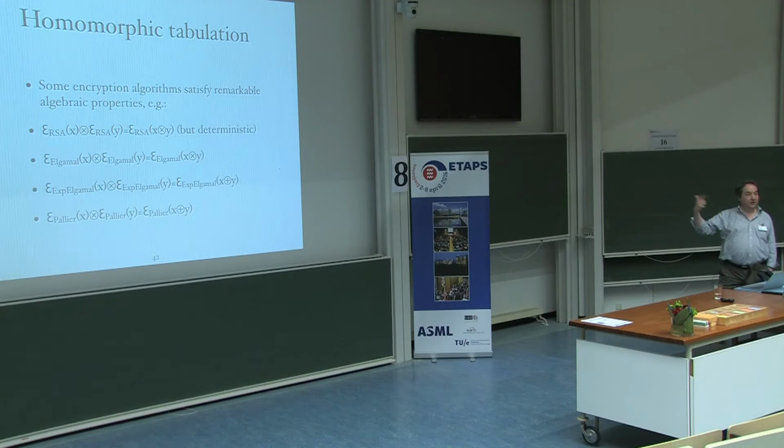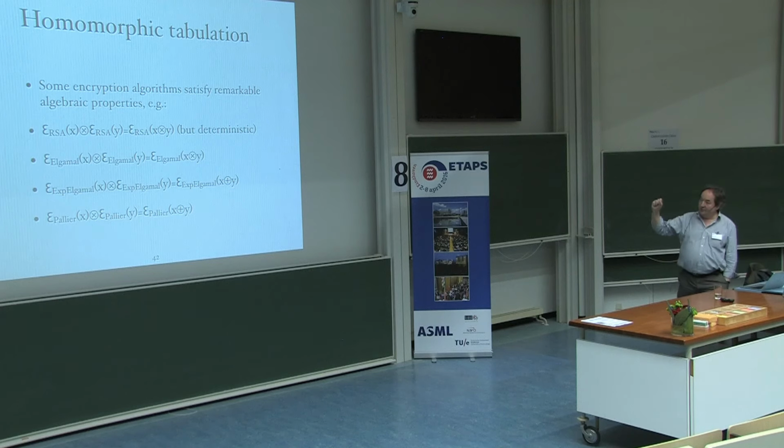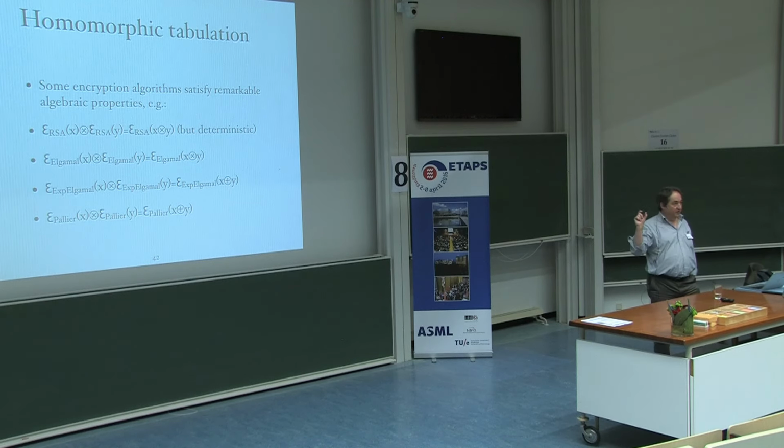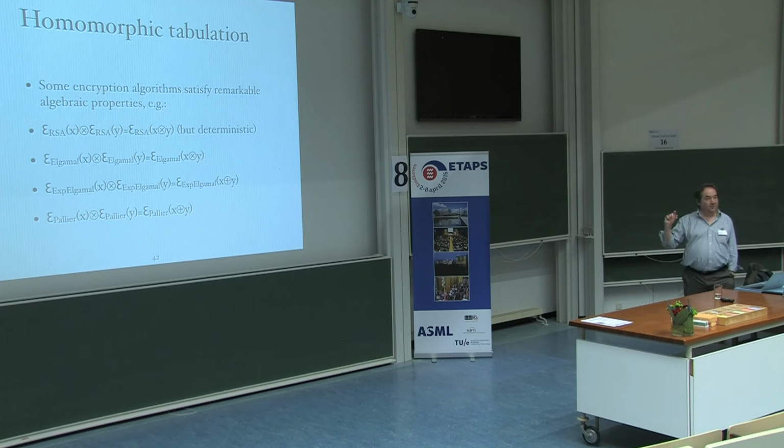If you take exponential ElGamal, you put the plaintext up as an exponent. You have a rather nice property that if you take the product of two exponential ElGamal ciphertexts, what you get is the exponential ElGamal encryption of the sum of the plaintexts. And Paillier also has that structure immediately.